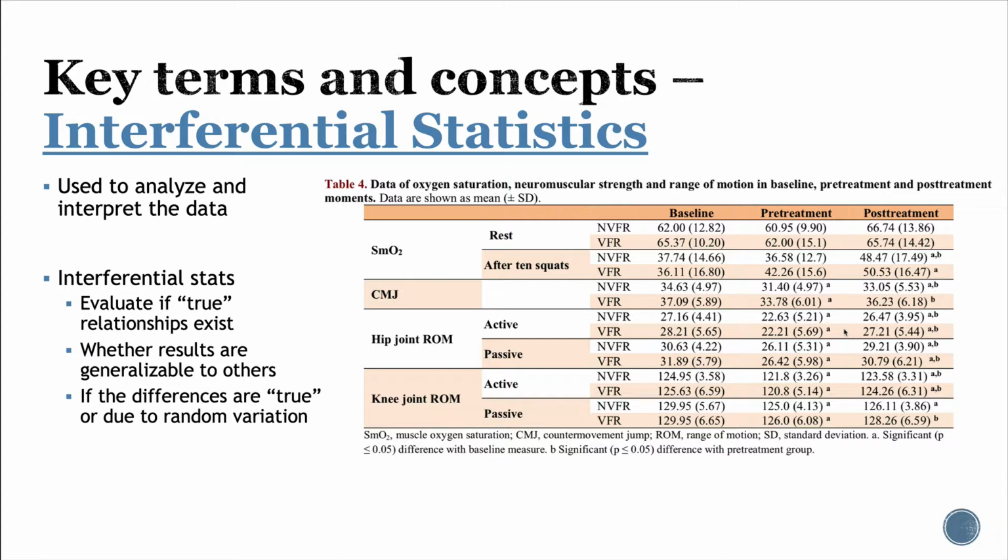The question, though, is that difference true? So if I am looking at pre-treatment and post-treatment, and I want to see if my treatment works, if it's more effective, then I need to use inferential statistics. And without going into the math of it, what it does is it says, hey, how confident can we be that these differences are real and not just due to random variability?